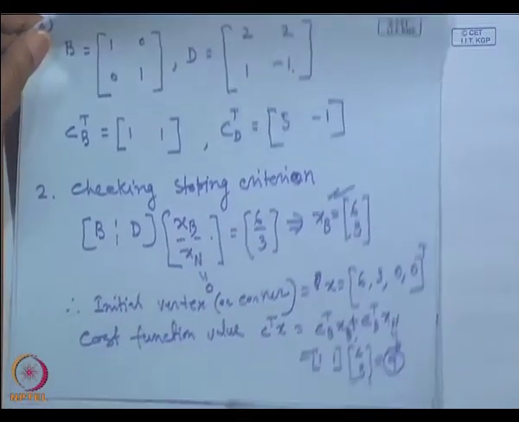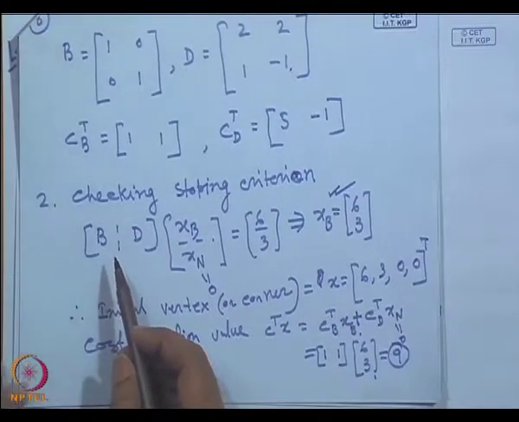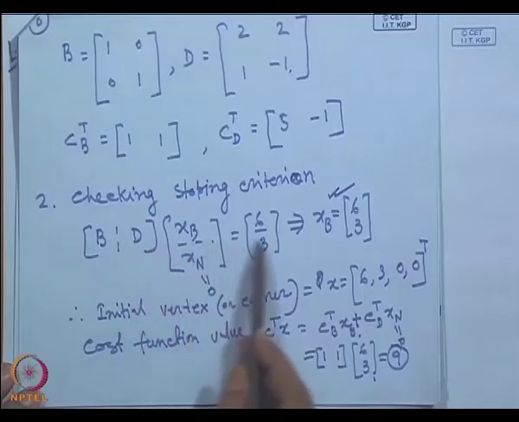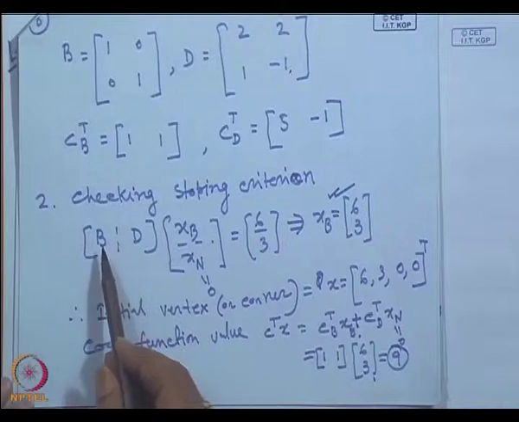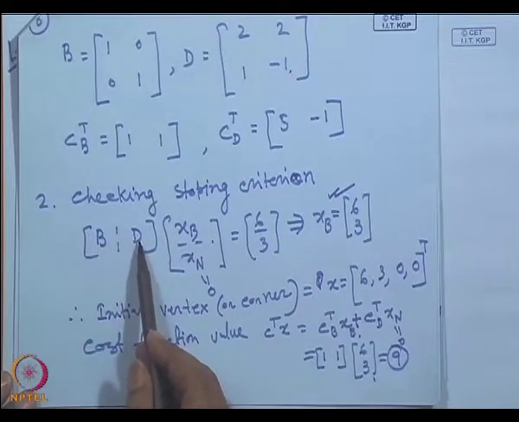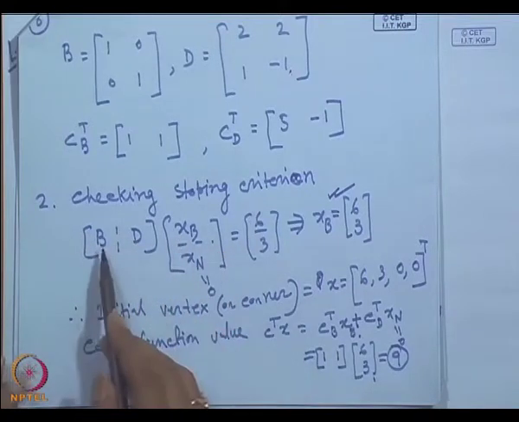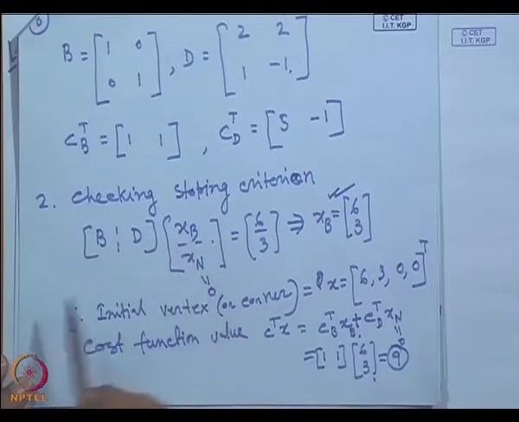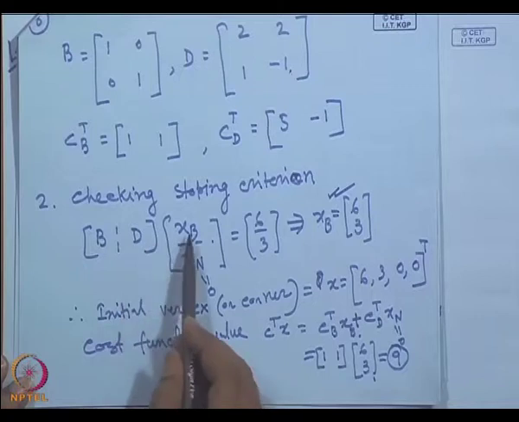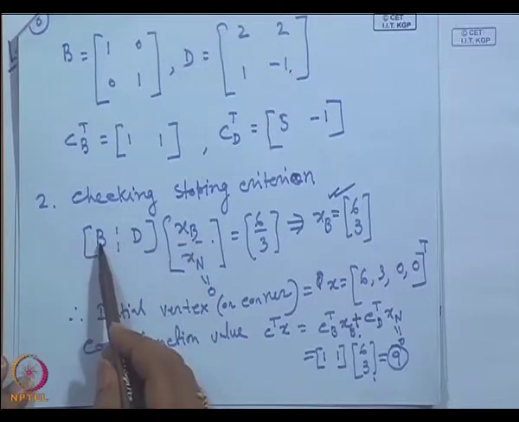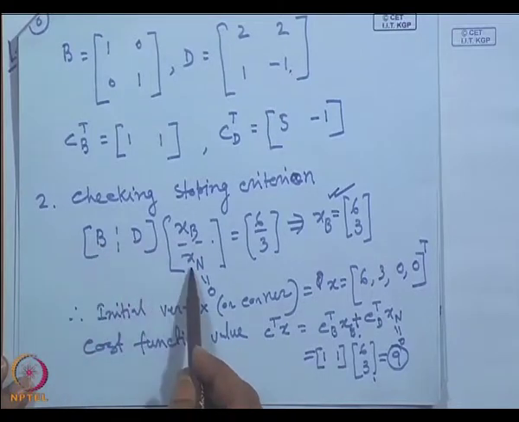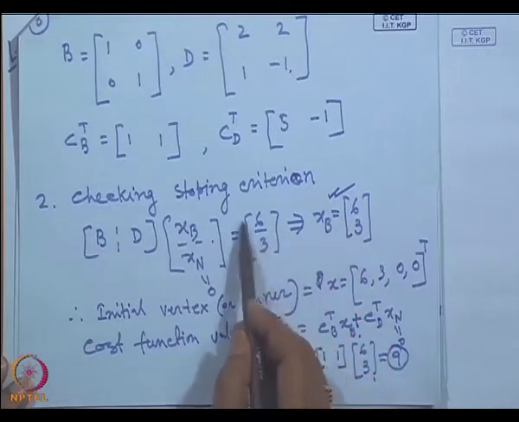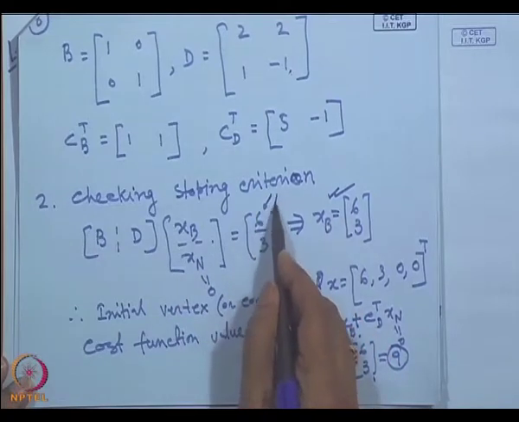First we have to find the initial vertex by solving the equation that we derived earlier. Our A matrix is partitioned into B and D form, so B x_B plus D x_N equals small b. Since x_N is 0, we get B x_B = b.